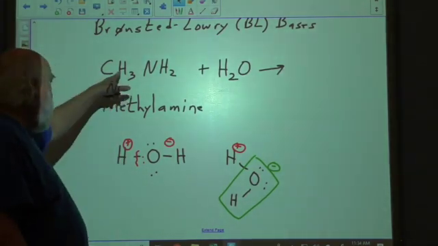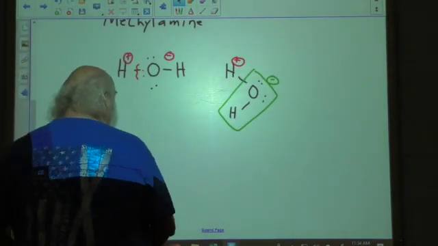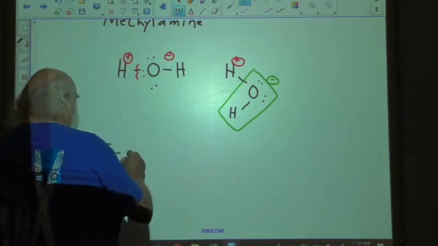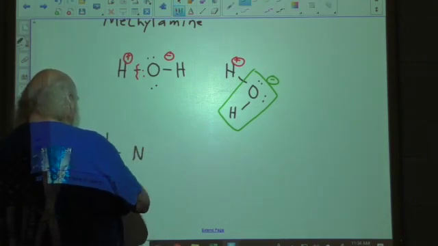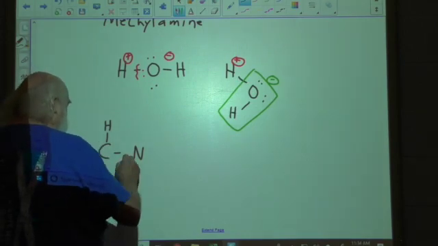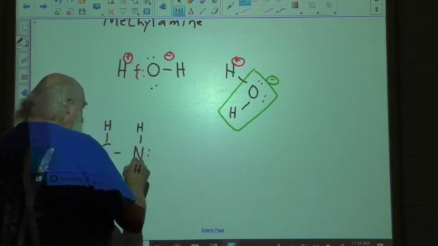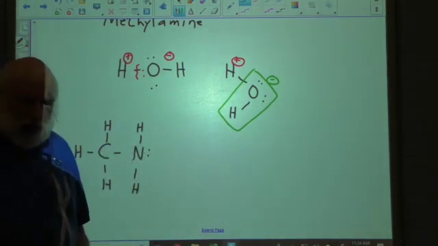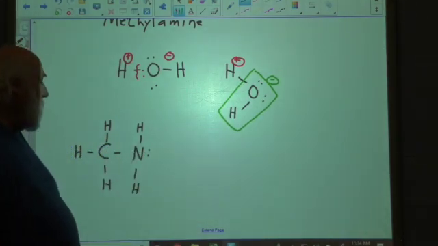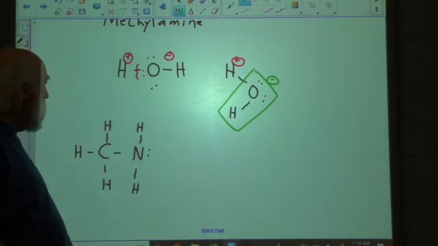However, let's take a look at the Lewis dot structure of methylamine. Methylamine looks like this. And it's that pair of electrons that nitrogen has that causes this sensation to occur.